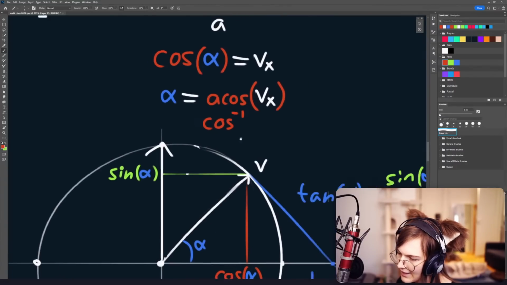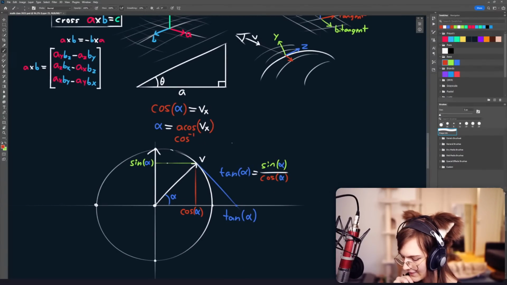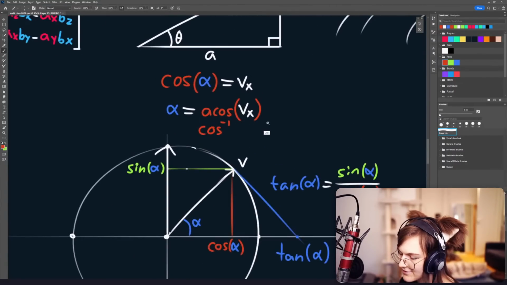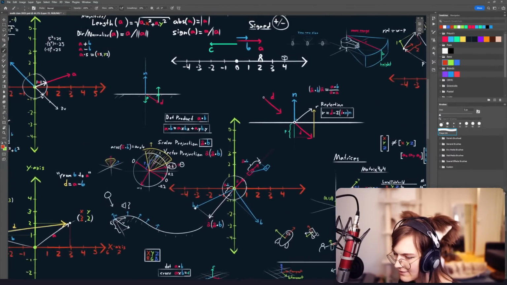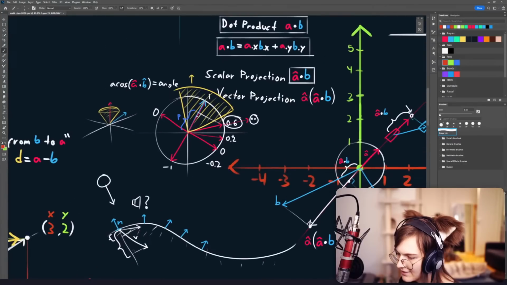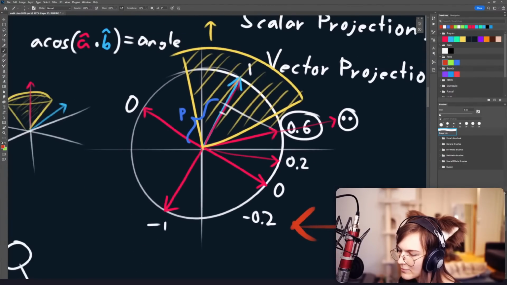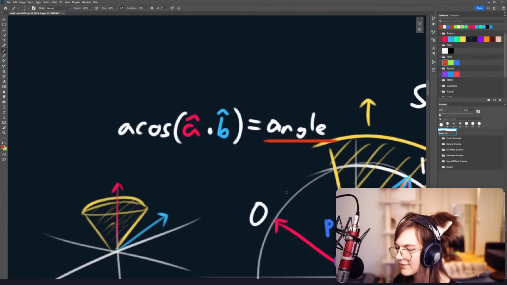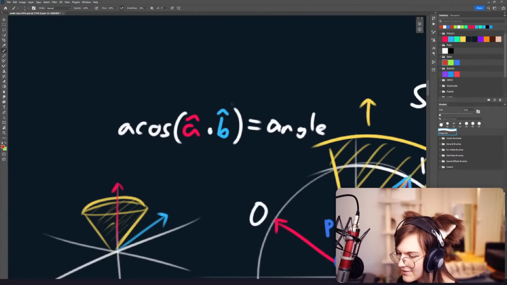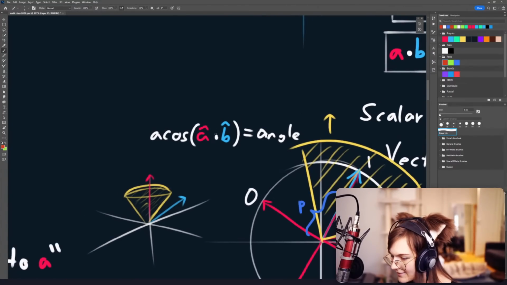And one of the use cases for this is actually something we've done before. Because when we talked about the dot product, remember that when we had normalized vectors, we can actually use the arc cosine to get the angle out of it, because then we have that exact use case. We have two vectors here, a hat and b hat.